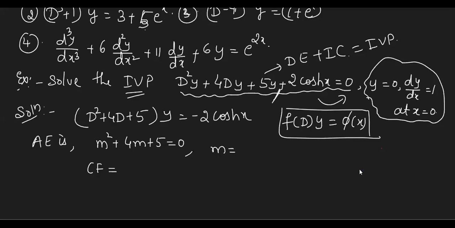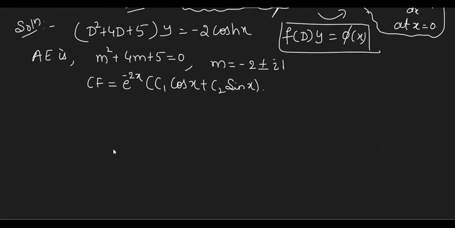Minus 2 plus i, minus 2 minus i. Is it right? CF is correct.